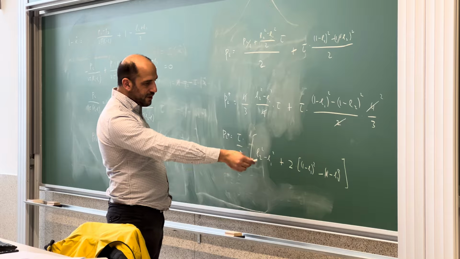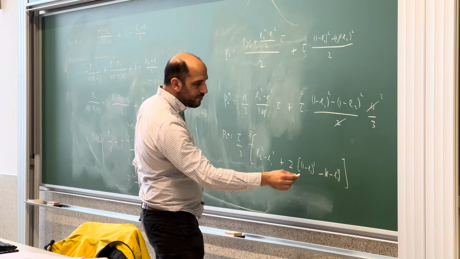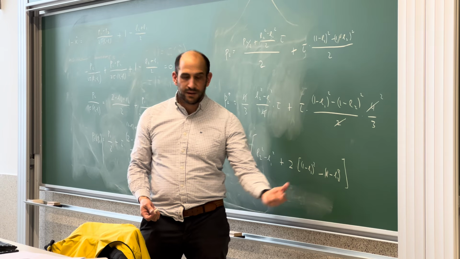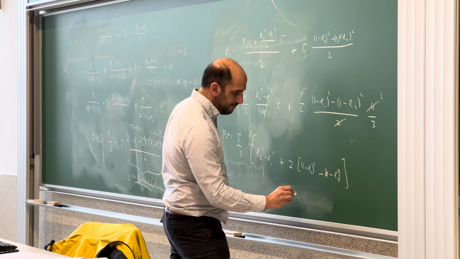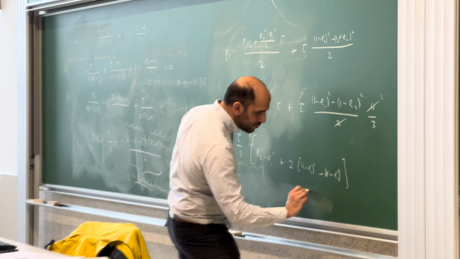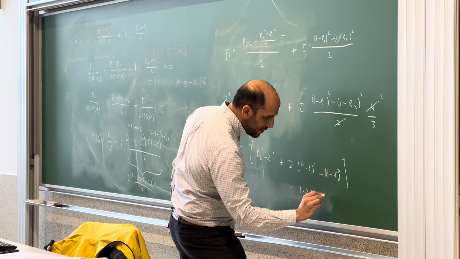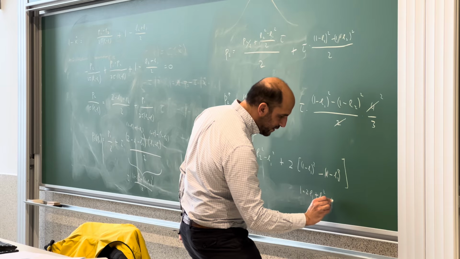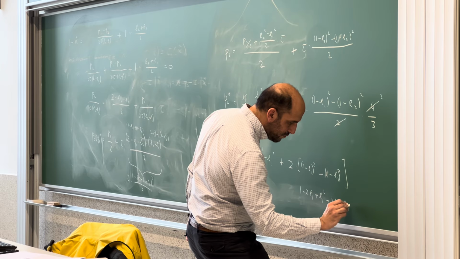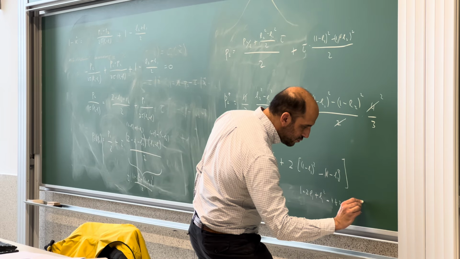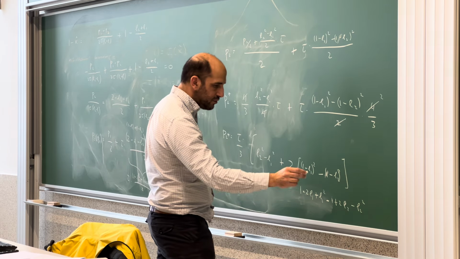Okay, L2 squared minus L1 squared plus 2 times, and now we have to expand these squares, right? So basically 1 minus 2 L1 plus L1 squared minus 1 plus 2 L2 minus L2 squared, and all this is multiplied times 2.